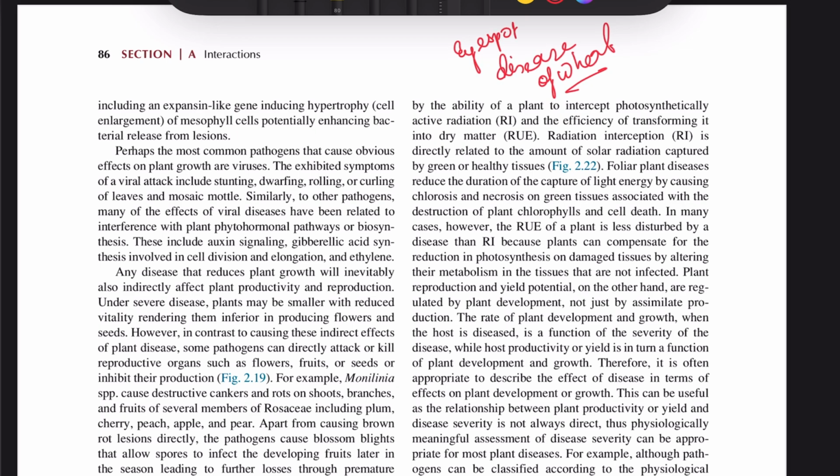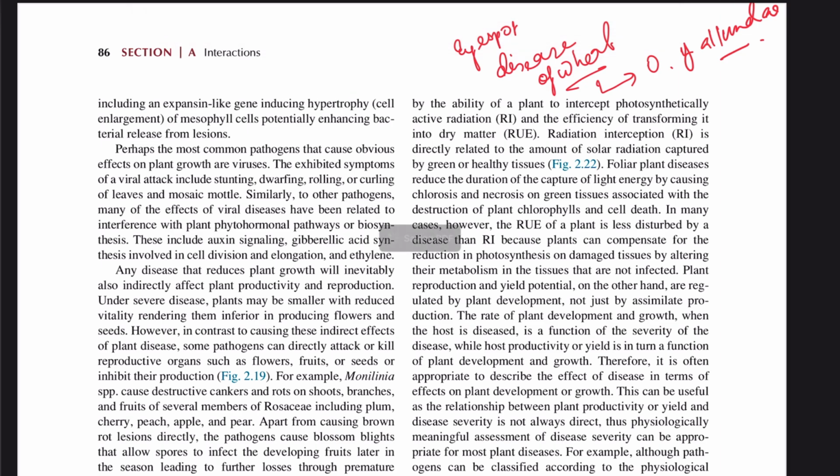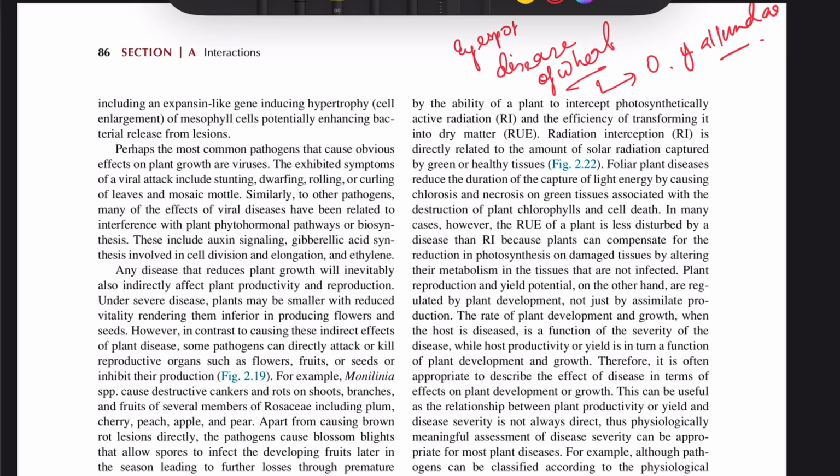Okay, it is normally caused by Oculimacula yallundae. It infects the base of the wheat stem, which weakens the stem after flowering, causing lodging.